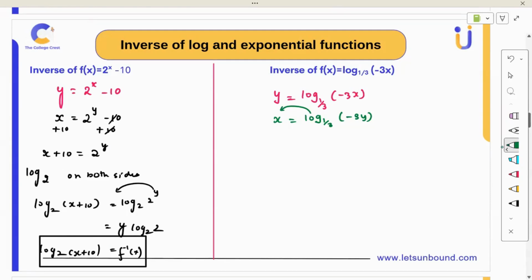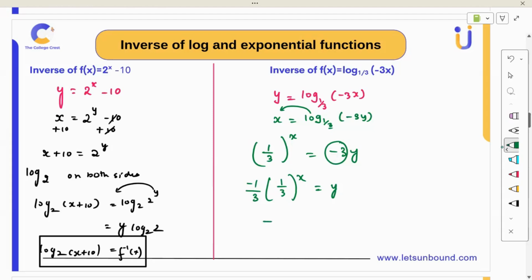It will become exponential, with the exponential base being whatever the log base is. So 1/3 whole raised to the power x. It's not x power 1/3, okay? Base will be 1/3, equal to minus 3y. And I need just y, so I will take the minus 3 to the other side. So it's minus 1/3, 1/3 power x equal to y. So now you can simplify or you can leave as it is.